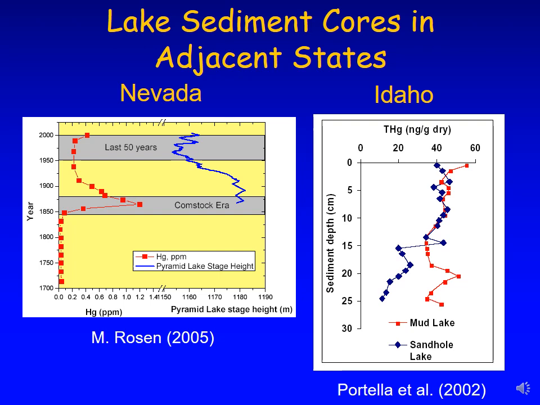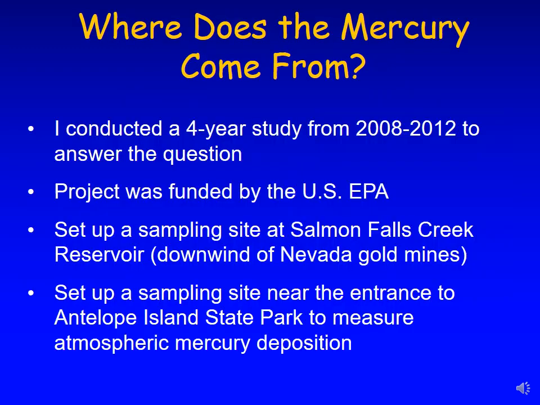And in the other lake, Mud Lake, it has not been quite as clear of a constant increase. So it's actually quite complicated trying to use these receptor sites to identify potential sources and even to understand whether or not mercury has been increasing in these ecosystems.